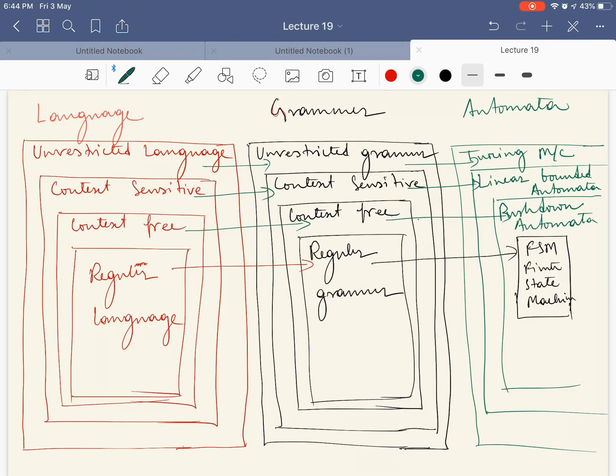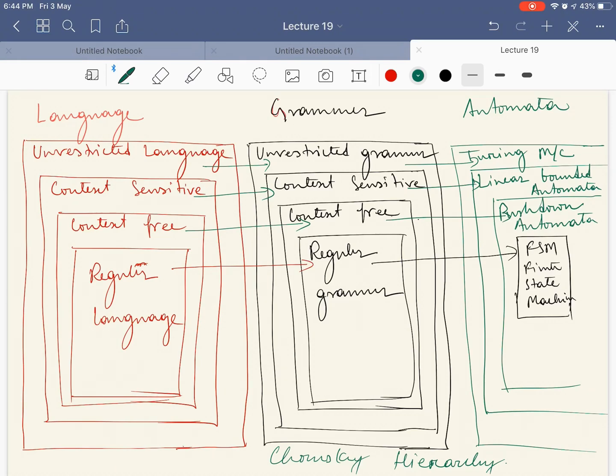That is why Turing machine is called the universal machine, which can automate any kind of machine, and it is named after the famous scientist Alan Turing, who is called the father of computer science. Now the entire picture was developed by one great person, Noam Chomsky, and this entire hierarchy is called Chomsky hierarchy.